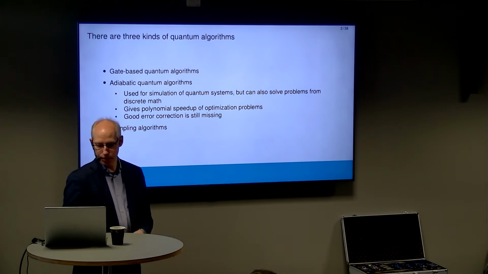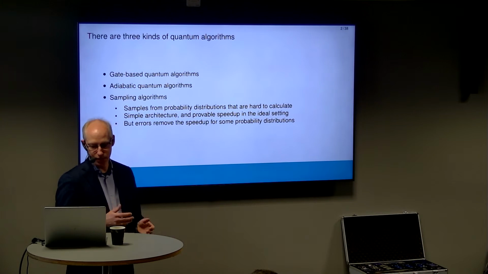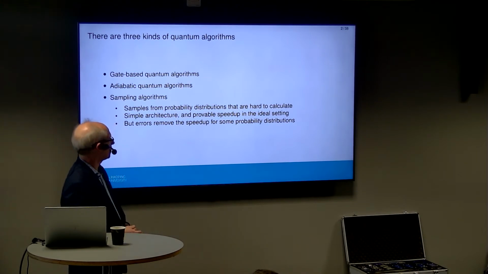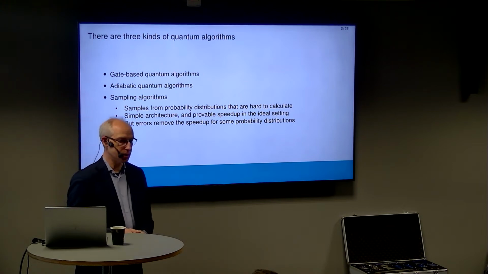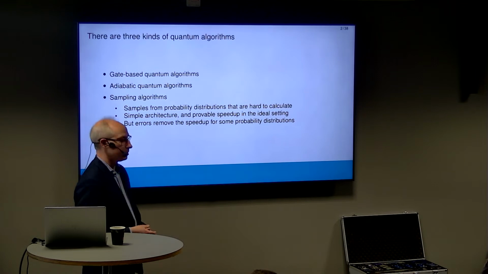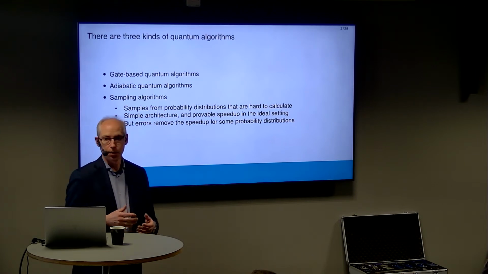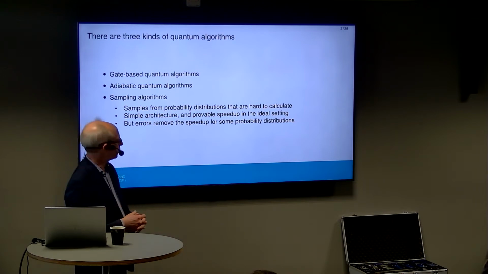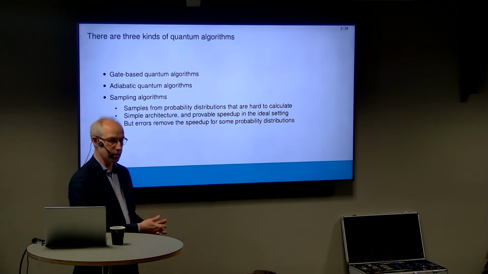The last kind is called sampling. You sample from a probability distribution that is somehow hard to calculate. It might seem a strange task, but the reason people are looking at this is that it's easy to prove that you have a speed up over a classical machine.